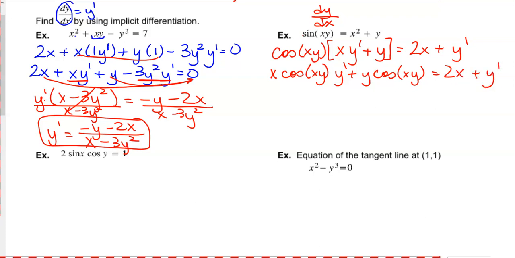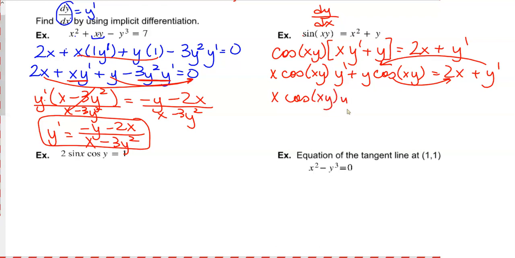So we're going to have to do a little bit of factoring just like last time. So that means that this term I'm going to subtract over here, and this term that doesn't have a y prime to subtract over here. So you kind of move things around where you can get all the y primes on one side, everything else on the other. So that becomes x cosine of xy times y prime.